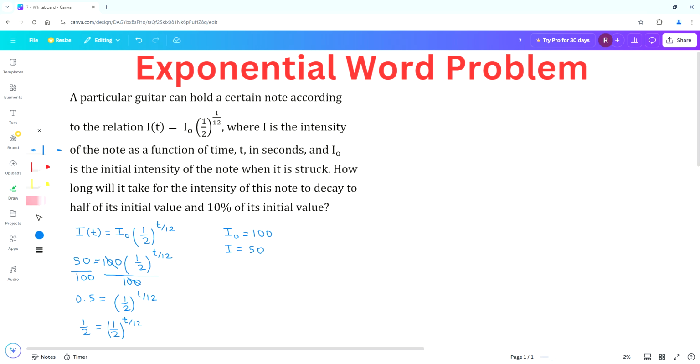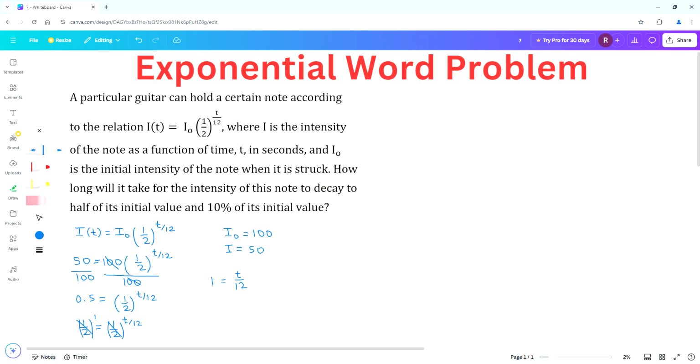The exponent on 1 over 2 on the left side is 1. We can cancel out the bases 1 over 2 on both sides of the equation and equate the exponents. We can use this equation to find the value of t.